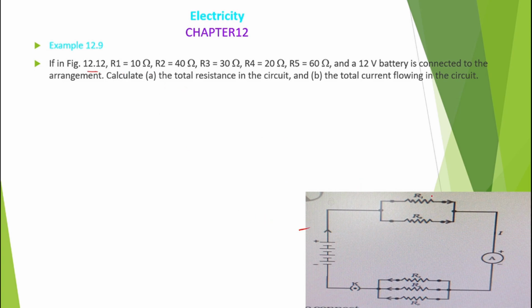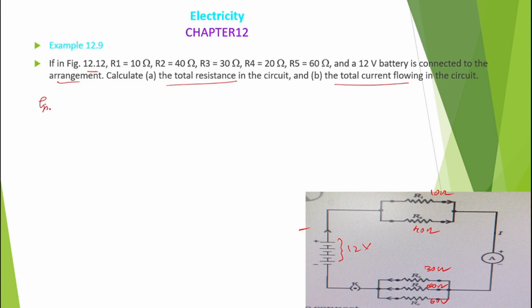R1 is 10 ohm, R2 is 40 ohm, R3 is 30 ohm, R4 is 20 ohm, and R5 is 60 ohm, and a 12 volt battery is connected to the arrangement. Calculate total resistance of the circuit and total current flowing in the circuit.